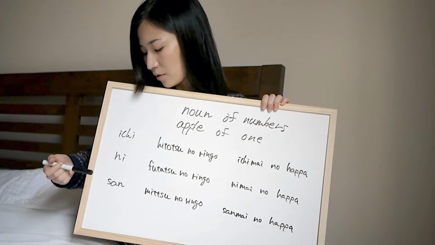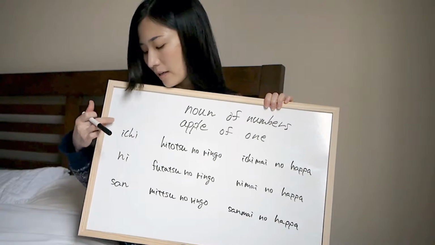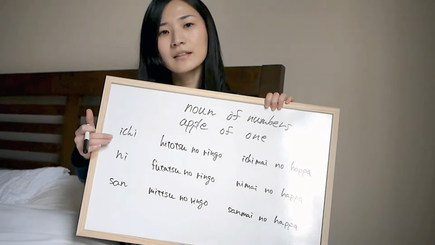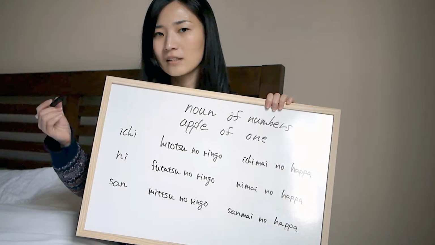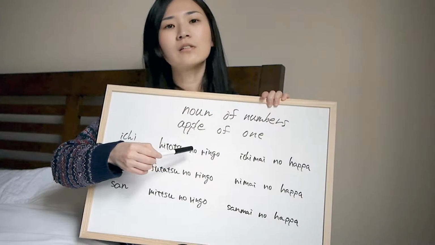And this is the original general number, 1, 2, 3 in Japanese. And Ringo is apple.